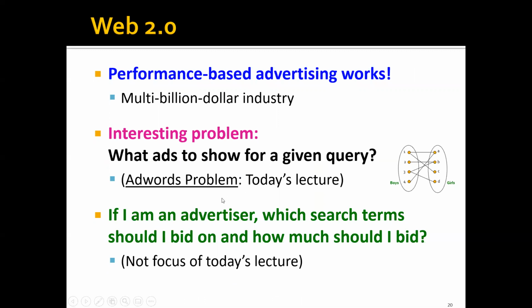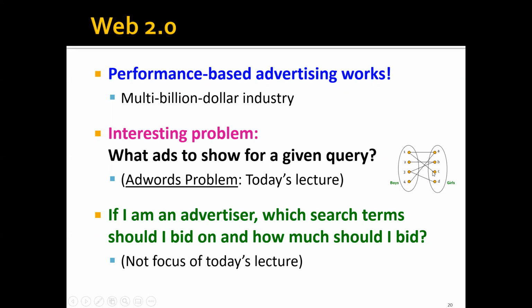One interesting problem about performance-based advertising is what ads to show for a given query. This is called the AdWords problem, and it will be the focus of today's lecture. For example, let's say that these four nodes on the left are no longer boys. They're actually ads from some advertisers, and on the right, instead of girls, we have queries that appear constantly.